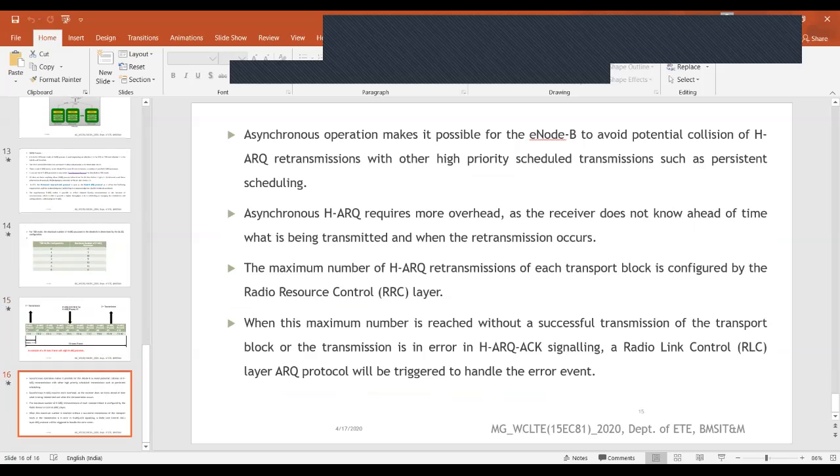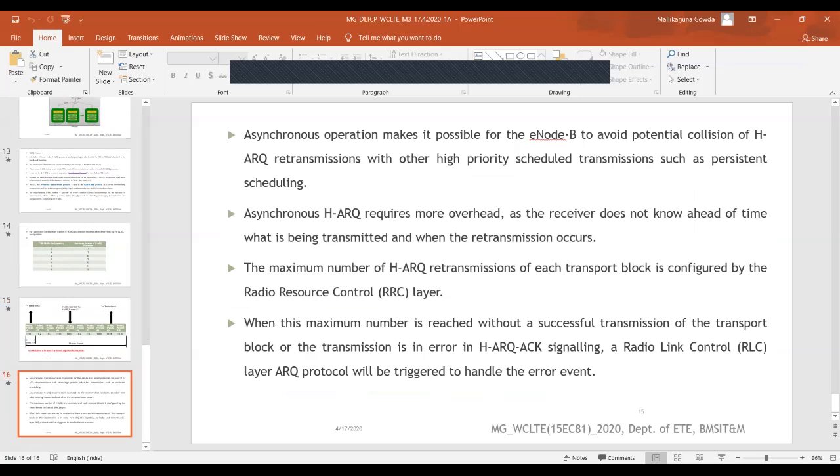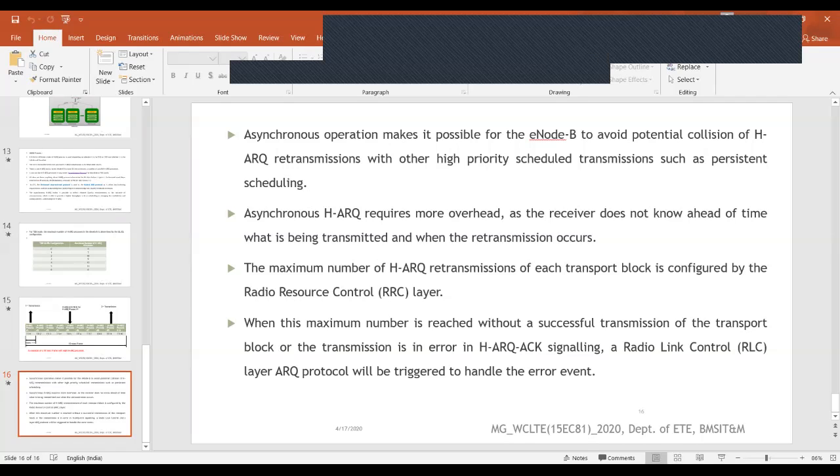So as I said, this asynchronous is used in FDD and downlink mode, right? So it is possible for the eNB to avoid potential collisions of hybrid ARQ retransmissions with other high priority scheduled transmissions. We say persistent scheduling. Let me discuss while discussing about scheduling, what is persistent scheduling.